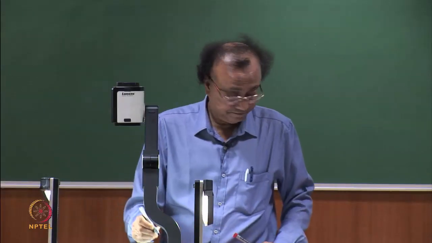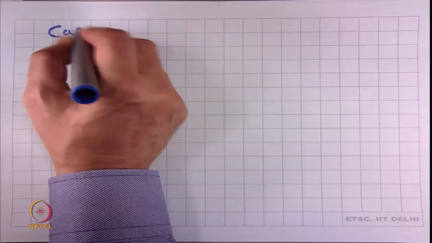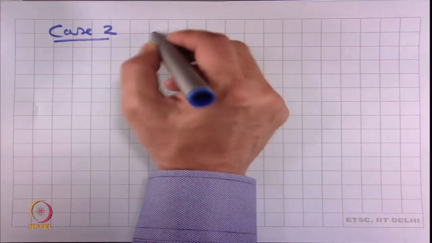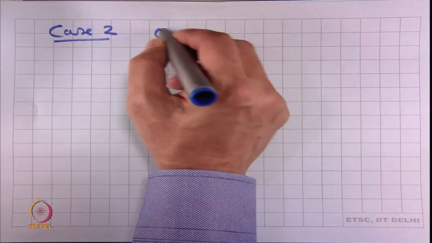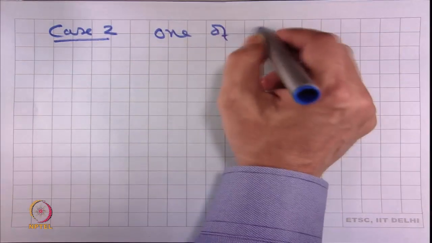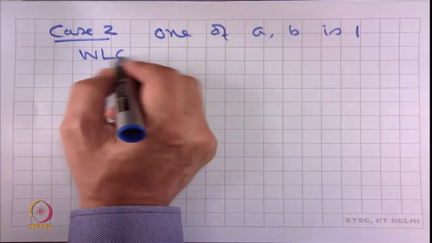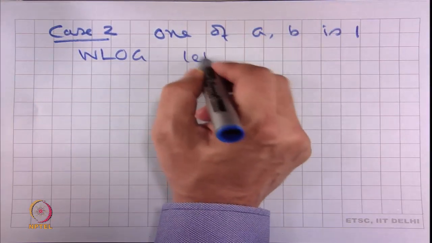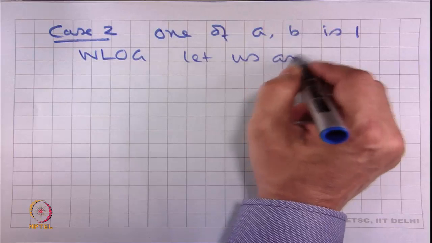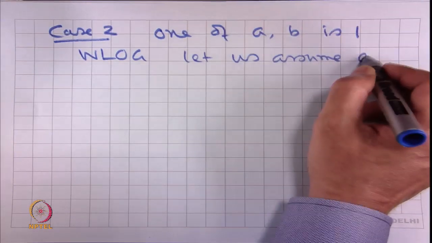Case 2, at least one of A comma B is 1. Without loss of generality, let us assume A is equal to 1.